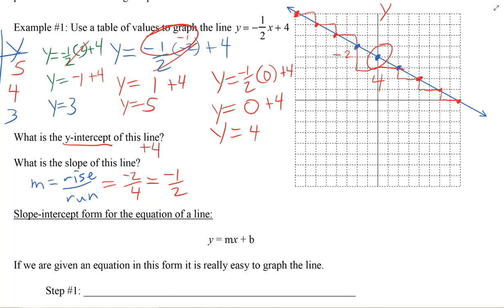So here's the beauty part. You never have to do a table. Slope-intercept form of the equation y equals mx plus b. M is our slope. Wow, it doesn't want to write for me.